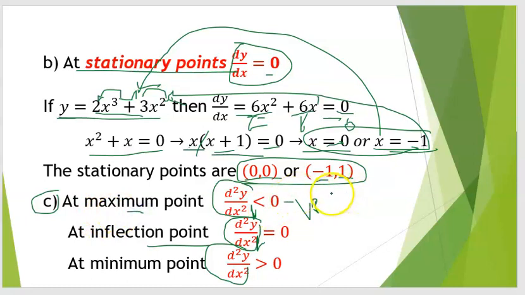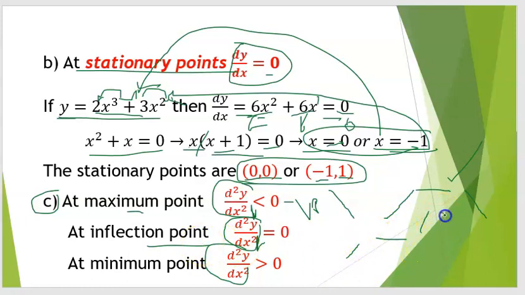Or else you can use the other approach. You check the gradient to the left of the stationary point and to the right of the stationary point. If the gradient to the left is positive, then goes to 0, then goes to negative, that becomes a maximum turning point. But if it is positive, then 0, then positive, that is a point of inflection.